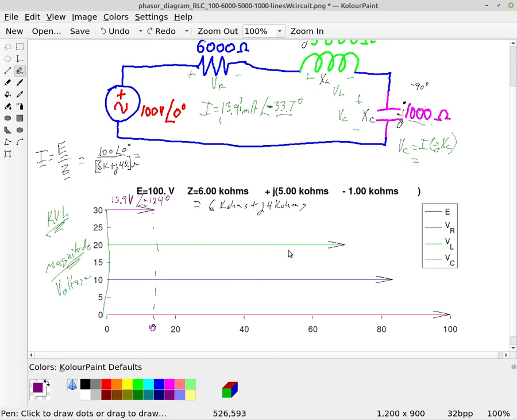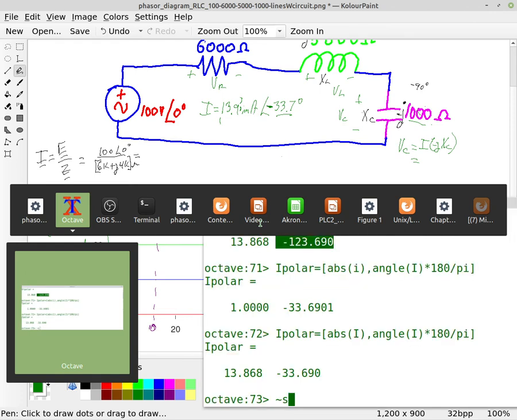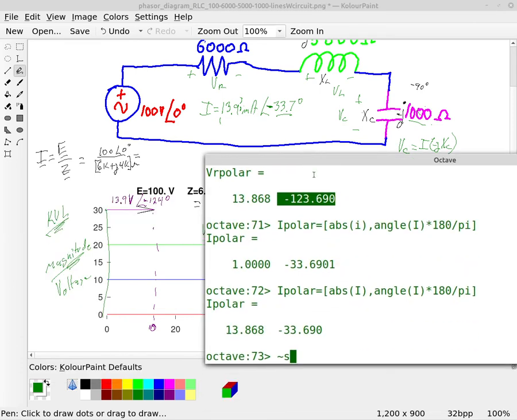Likewise, we can calculate the voltage drop across the inductor, VL, which is going to be I times a plus J times X of L. And again, I already have I in my Octave software.